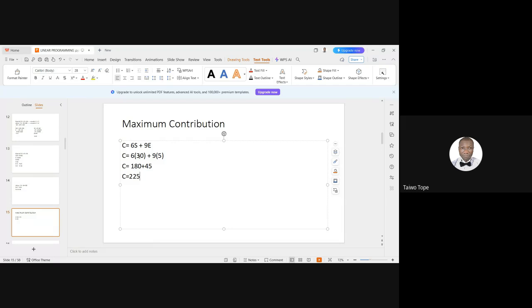So when you produce 5 executive chairs and 30 standard chairs per week, the maximum contribution you will have will be 225, because at that point we have the point of intersection.